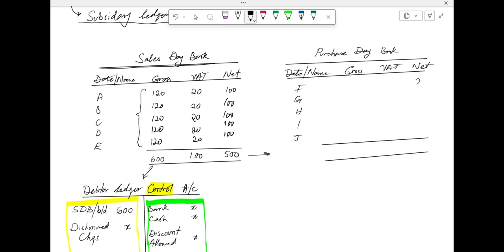So I'm going to keep things simple, and I'll keep the same figure for all the suppliers. The VAT is 40, and the total amount I have to pay to my suppliers will be 240 each. And the total is 1200, and this is 200, and this is 1000.